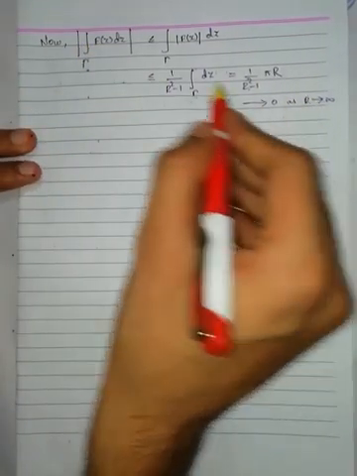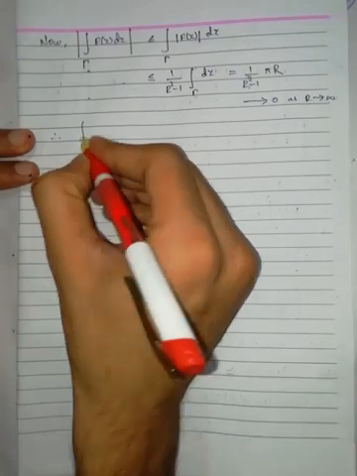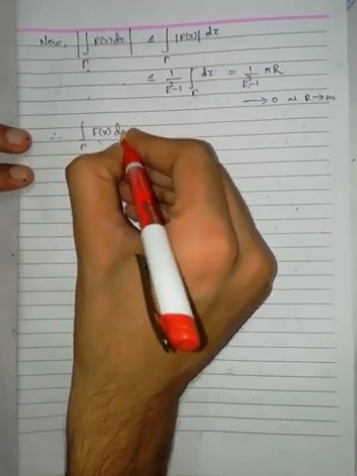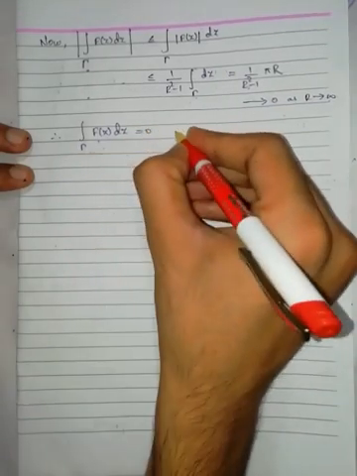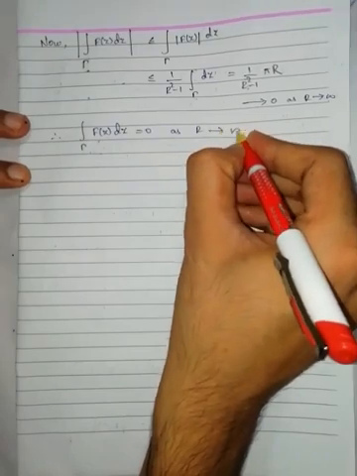Therefore, as R tends to infinity, integration over gamma of f of z dz is equal to 0.